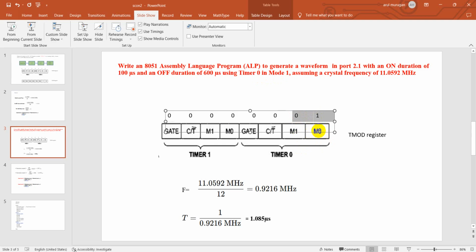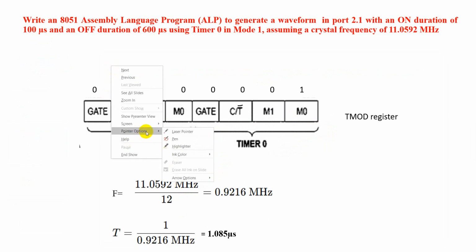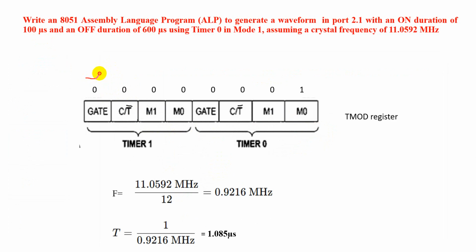The corresponding hex value is 0 for this and 1 for this. So while configuring the TMOD value, we need to configure it as 01.